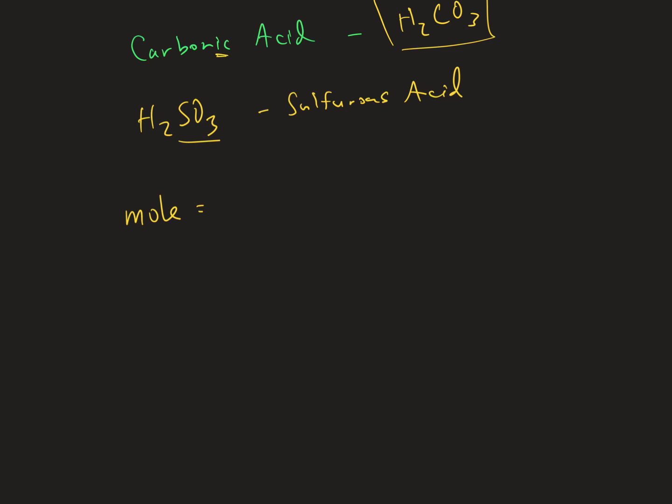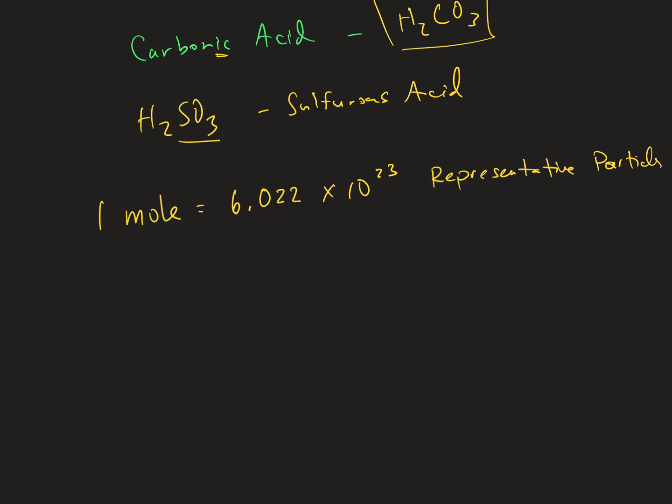Okay, 1 mole of anything, doesn't matter what the substance is, 1 mole of any substance is equal to 6.022 times 10 to the 23 representative particles. When we learned how to do scientific notation, I gave you this number, right?